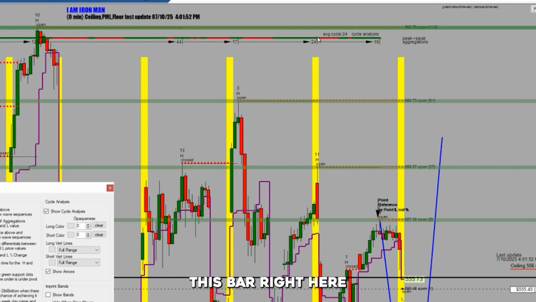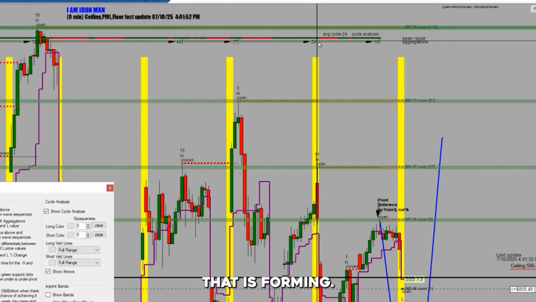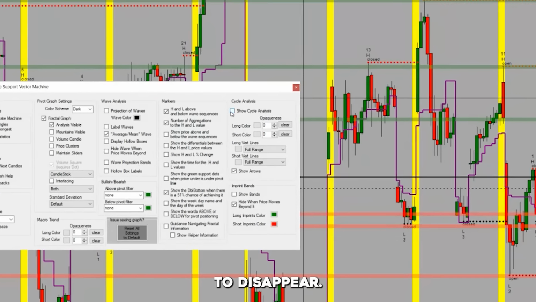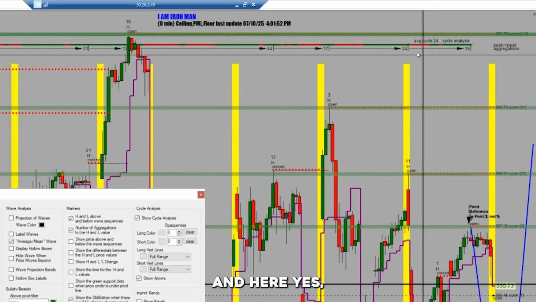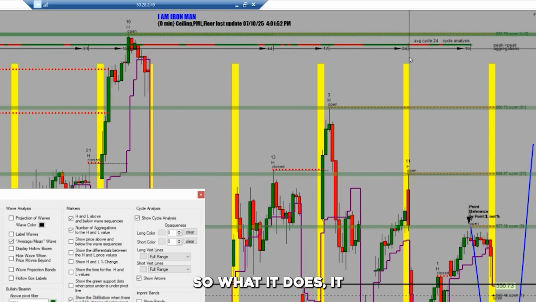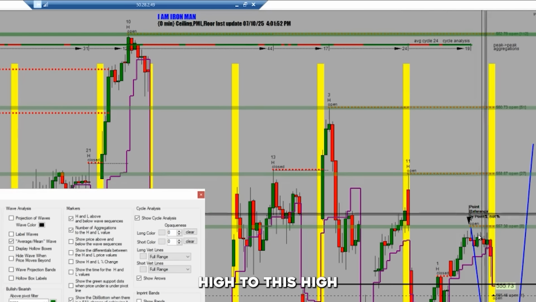You see this bar right here, basically this toolbox that is forming, right? Yeah. That is the cycle analysis. Now if I click right here, it's going to disappear, and here it is. That is the cycle analysis above the pivot, forming right here. It basically forms one cycle from this high to this high.